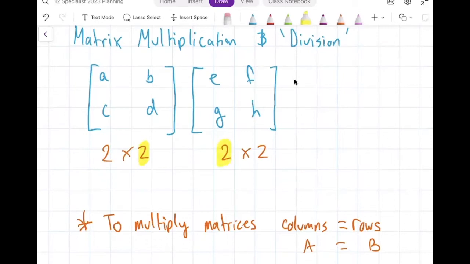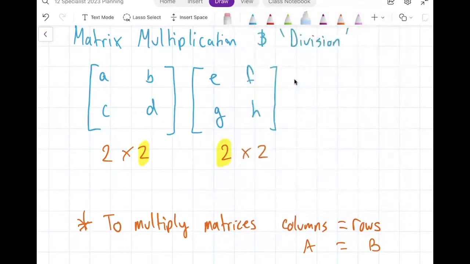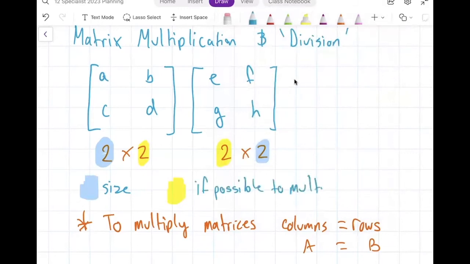So because these 2 numbers here are the same, then I can multiply the 2 matrices, and the size of the result of this multiplication is going to be a 2 by 2. So the inside numbers need to be equal for it to multiply, and the size of my matrix, if I do my multiplication, is going to be the outside 2 numbers. So this is size, and the yellow tells me if it's possible to multiply.